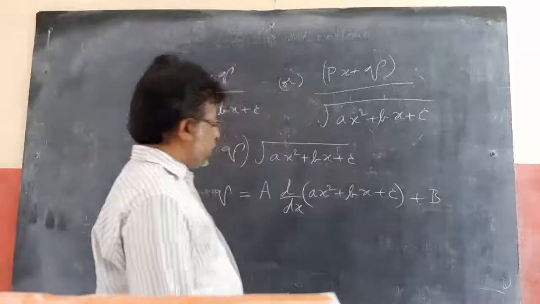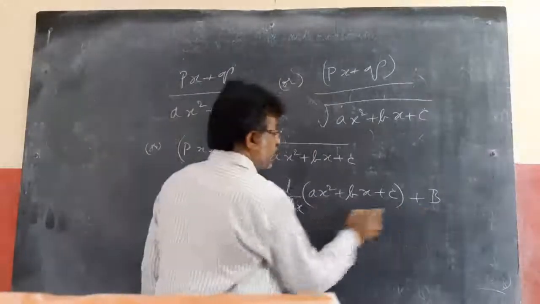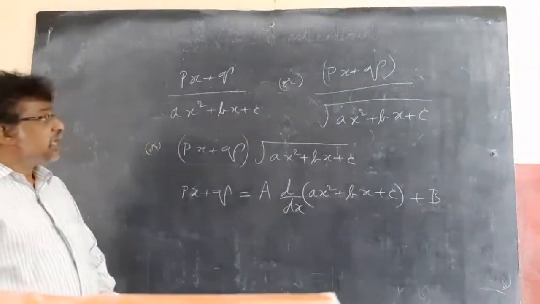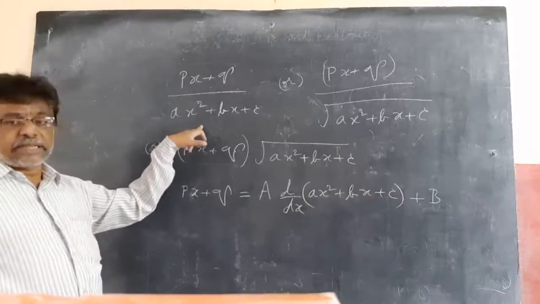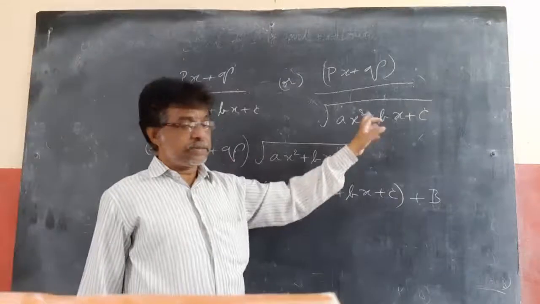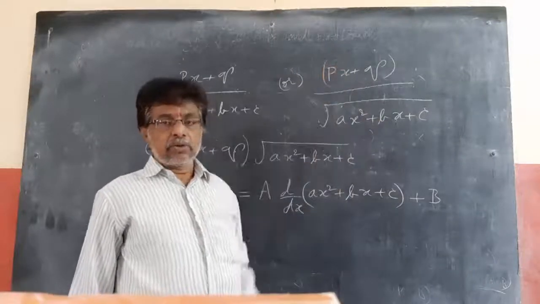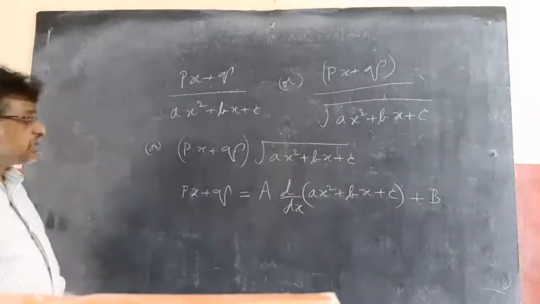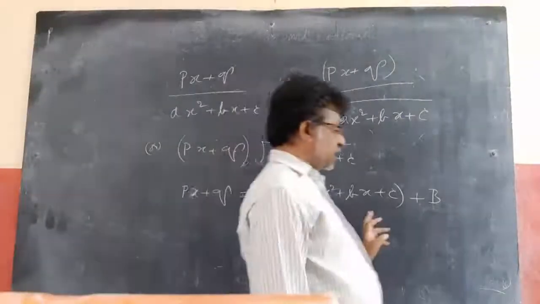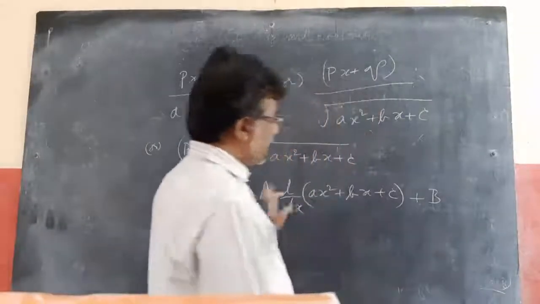Like yesterday's method, you find a and b. Then this is the derivative of the quadratic by the quadratic, which becomes f dash x by f, or f dash x by root of f, where you take the root as t, and the integration is very easy. The problem is to write the linear as a into d by dx of quadratic plus b, then integrate separately.